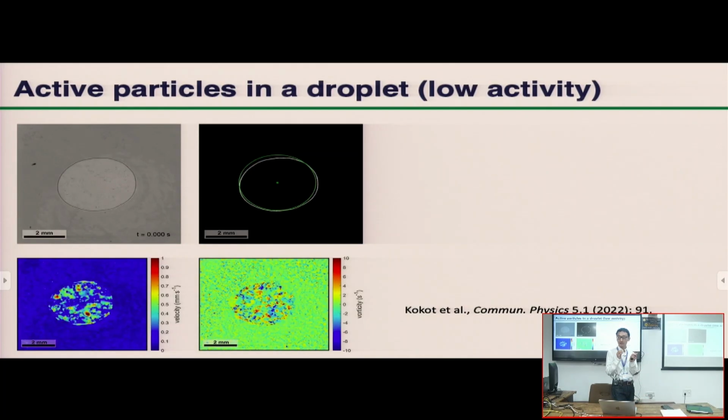Because these guys get to the boundary, they're pushing, but the boundary is soft.